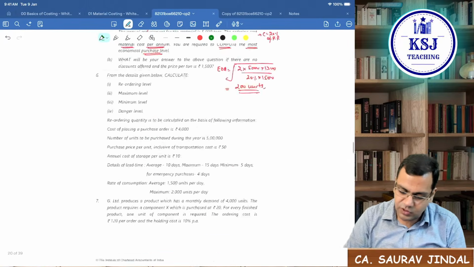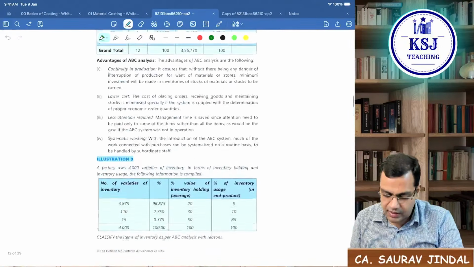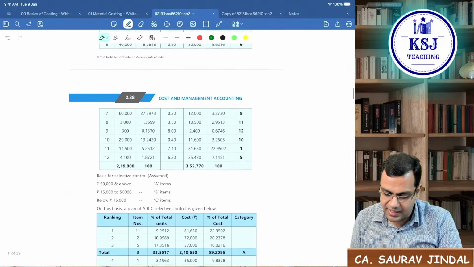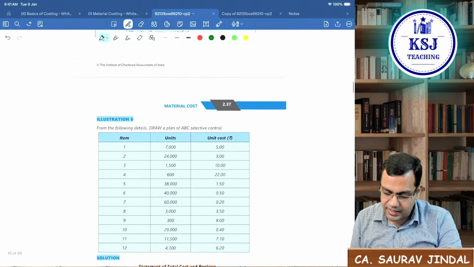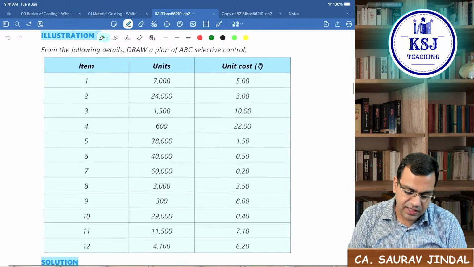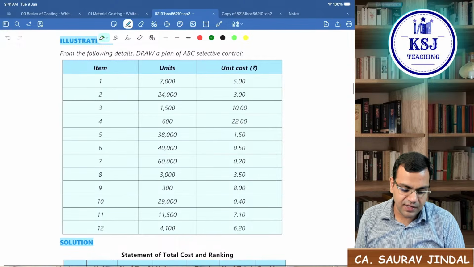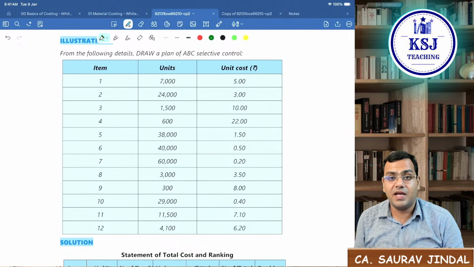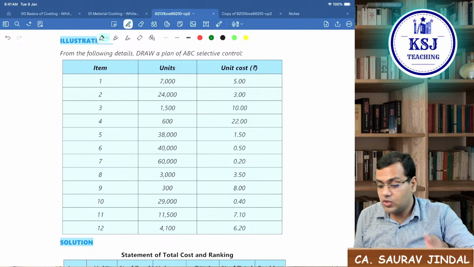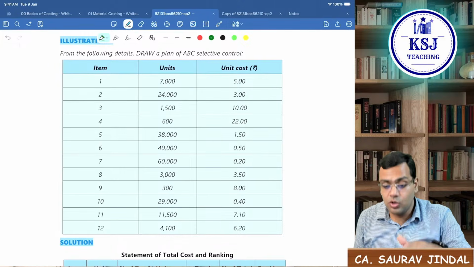On this, just do illustration number 8, where 12 items are given, the number of units is given and the unit cost is given. Can you directly categorize? No sir. What will you do?